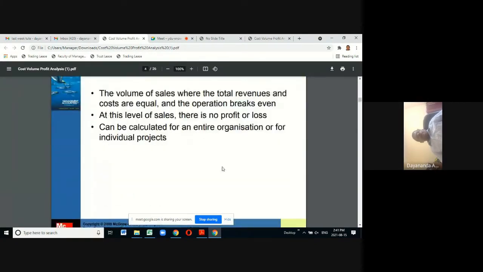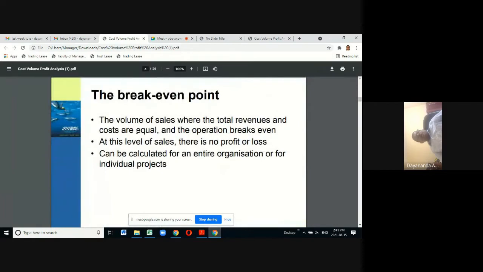Okay, then the break-even point: the volume of sales where the total revenue and cost are equal, the operational break-even. So you may talk about a concept called break-even point. Break-even means your total revenue is equal to total cost.